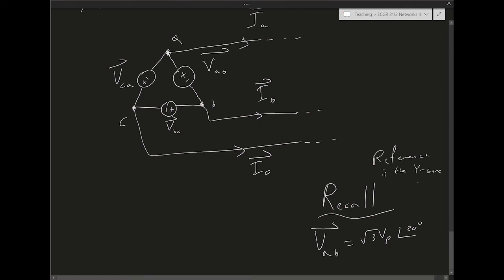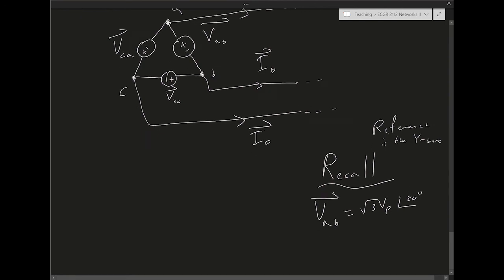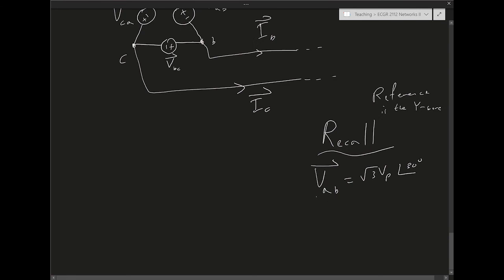So the Y source starts with phase 0, minus 120, plus 120. Assuming that is a reference, then VBC is square root of 3 VP at minus 90 degrees, and VCA is square root of 3 VP at minus 210 degrees. So this is using the Y connected source as a reference.